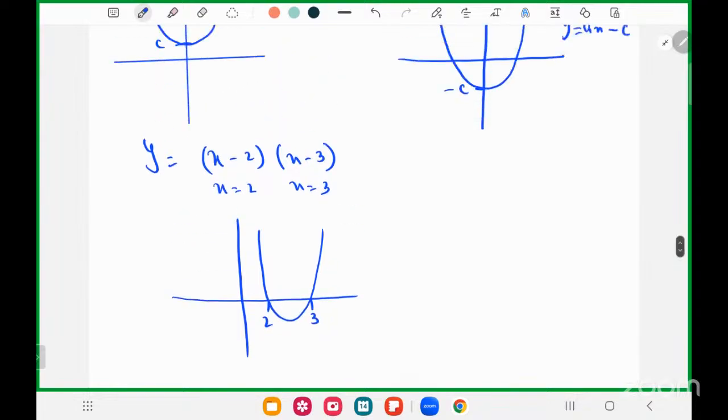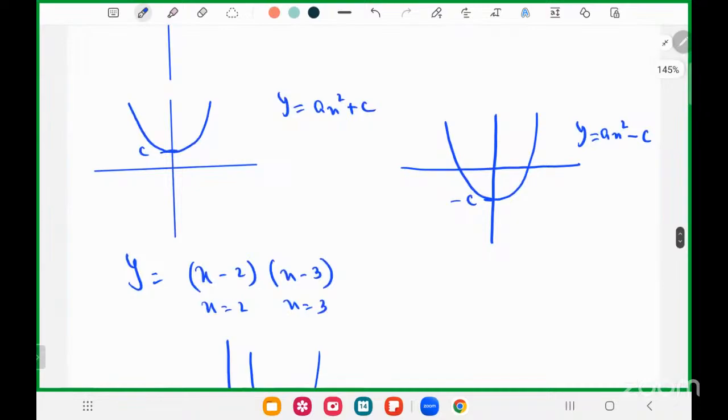C indicates the vertical shifting, whether the graph is shifting above or below the x-axis. If it is plus c, it's a vertical shift upwards, and if it is minus c, it is shifting the graph vertically downwards.